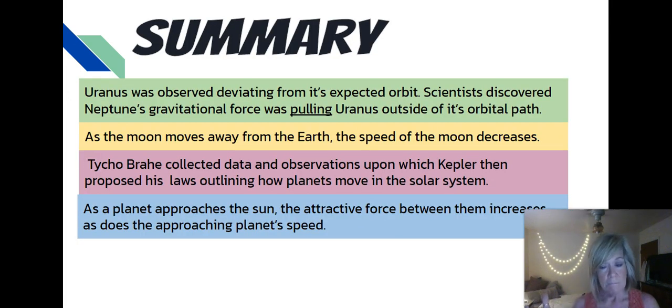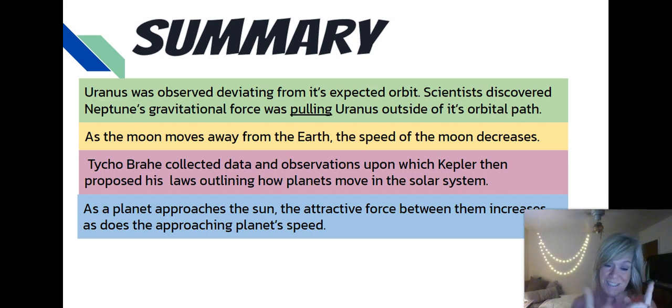In summary, for example, the planet Neptune: Uranus was observed deviating from its expected orbit, and scientists discovered Neptune's gravitational force was pulling on Uranus outside of its orbital path. Uranus's orbit was expected to be elliptical, but all of a sudden it was acting outside of its expected orbit.